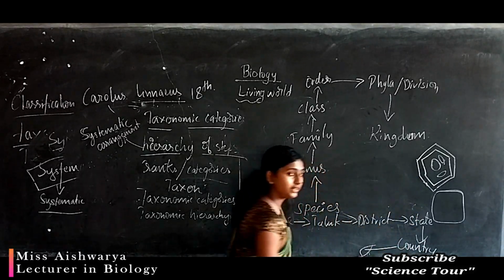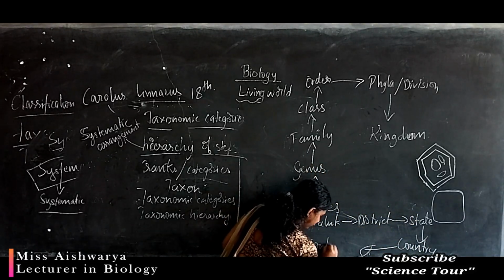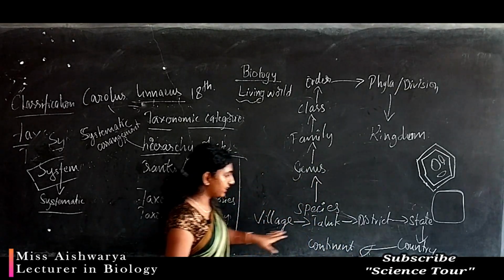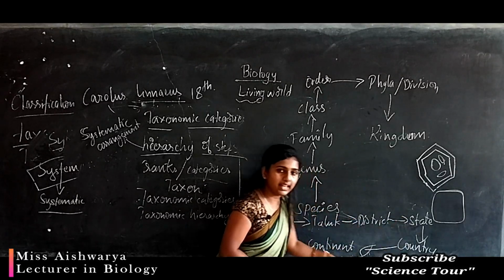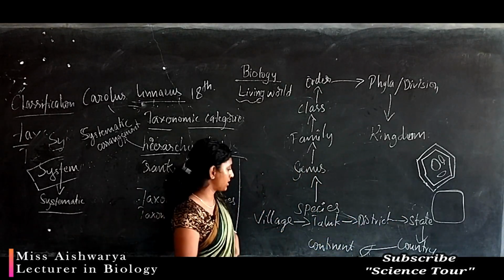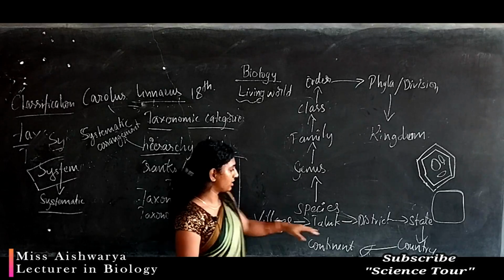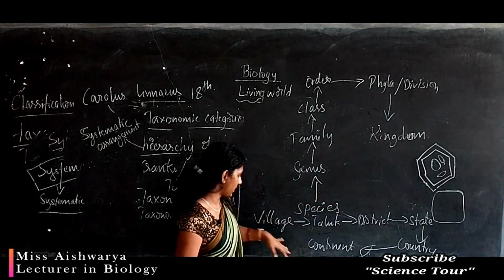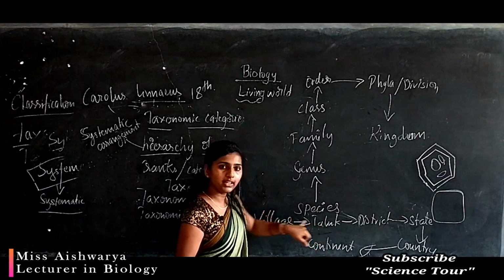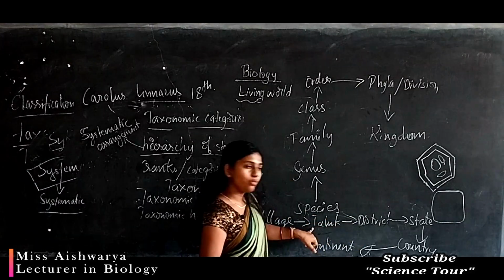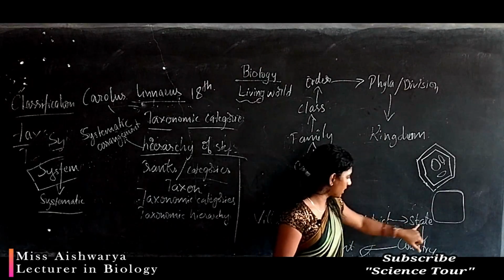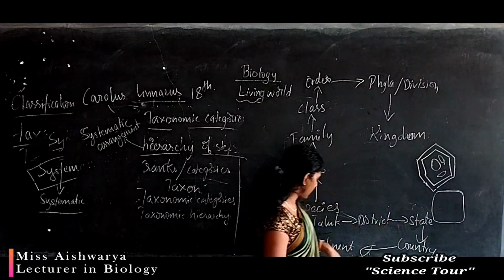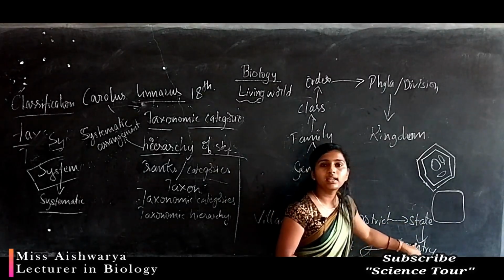Country will come under continent. These are the different categories based on the lands. Here a taluk contains many villages, and a district contains one or more taluks, and a state contains many districts, and a country contains many states, and a continent contains many countries.